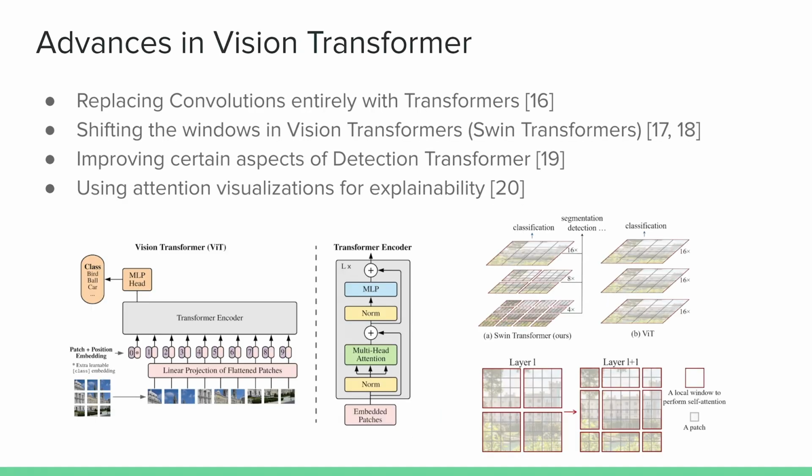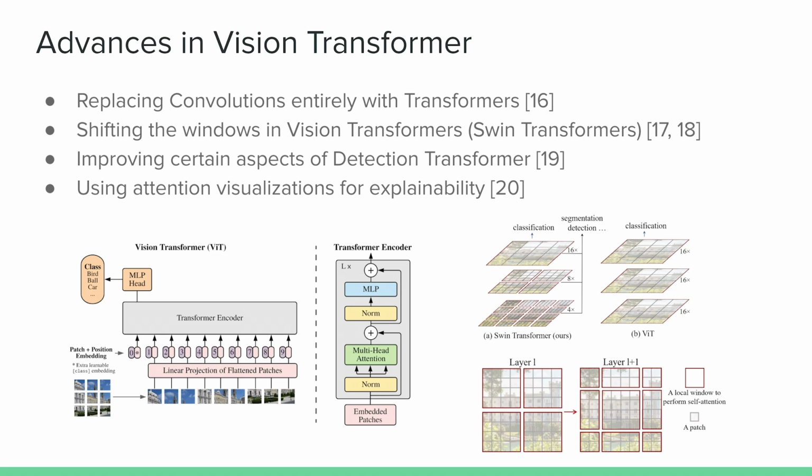There are even more advances from the field of computer vision, where transformers are also becoming increasingly popular. One idea would be to replace convolutions entirely with transformers. This approach is called vision transformers, and you can see it in the bottom left image here.